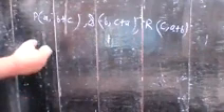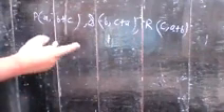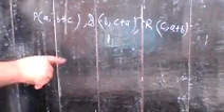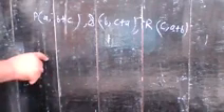Here you have to show that the given points are collinear.